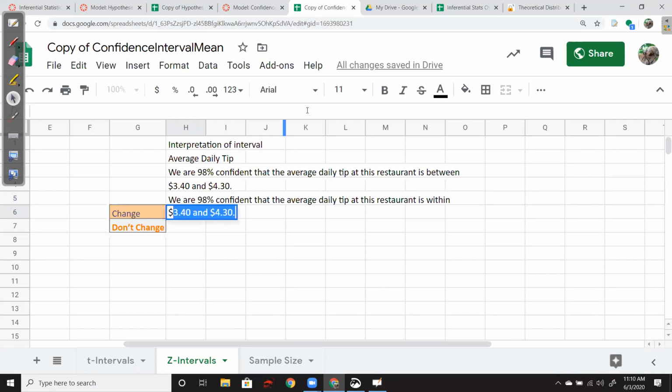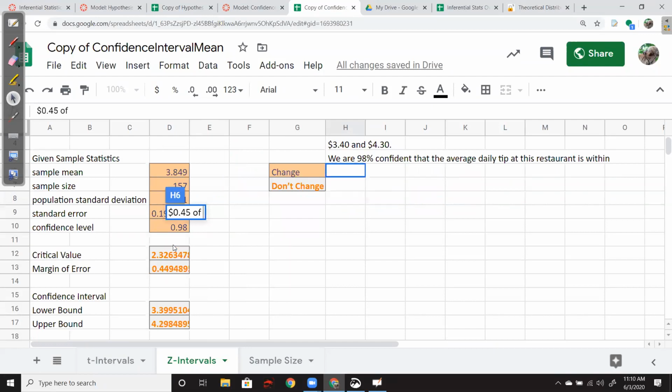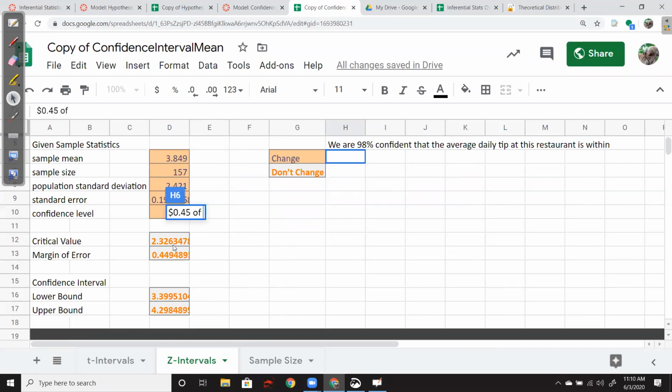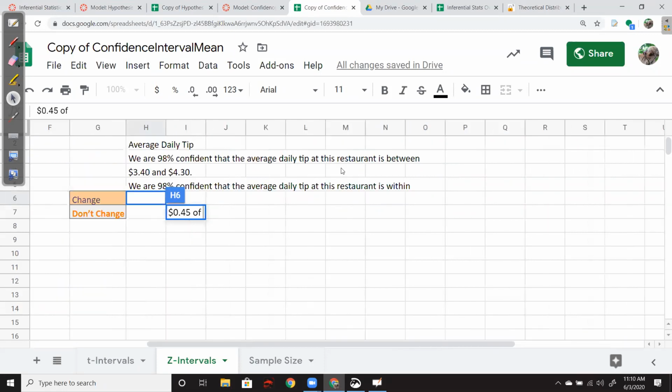So within about 45 cents of, what did we say the mean was? 3.85. Oops. Within 45 cents of 3.85. And the within, right, that means the whole plus or minus thing. So that'd be another way I could interpret that.